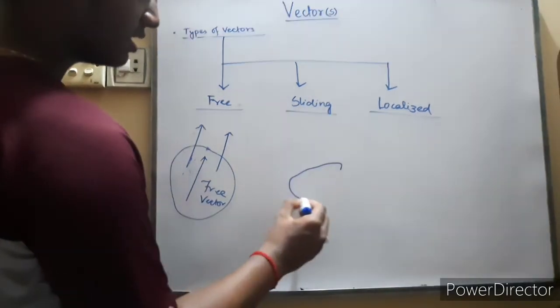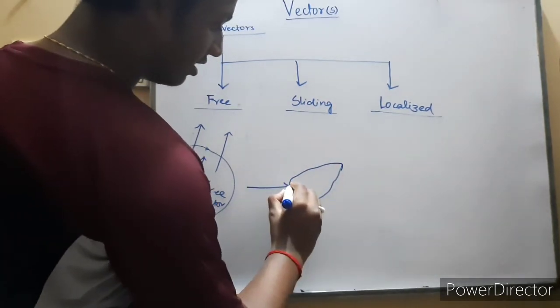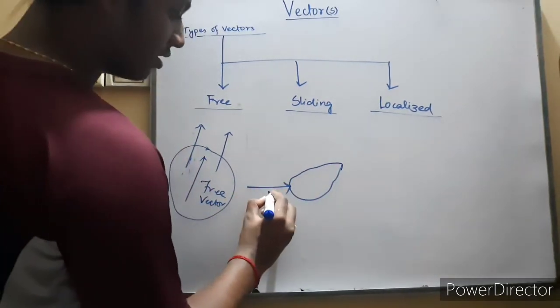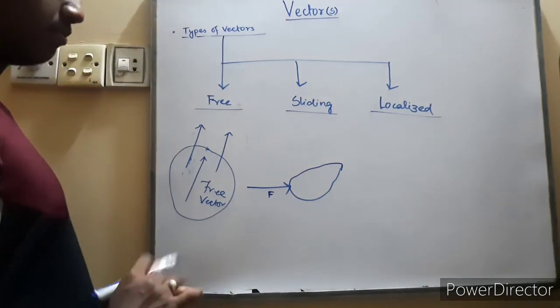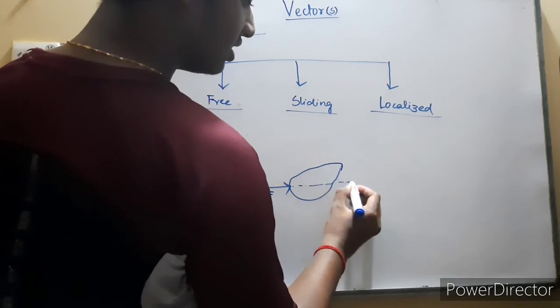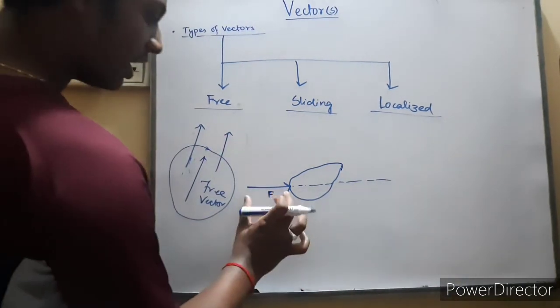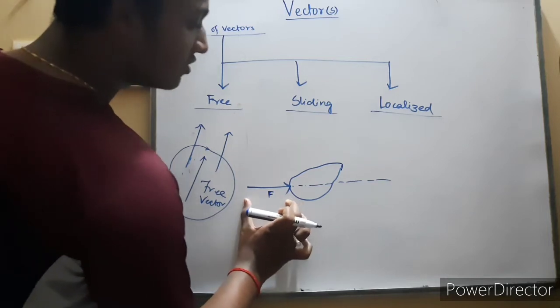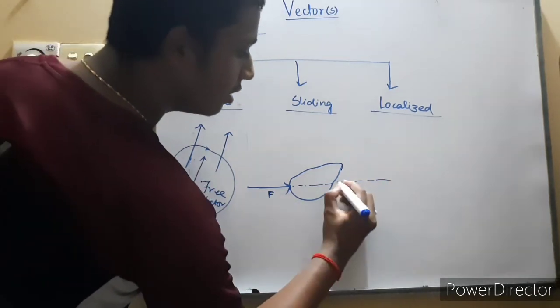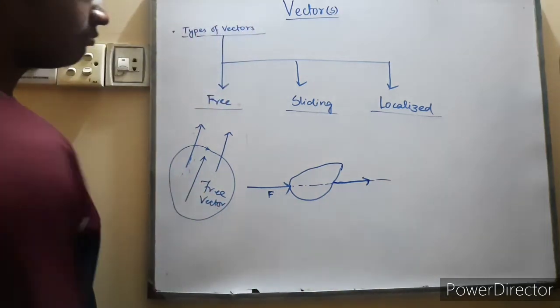Sliding vectors. Suppose this is another body. Now this is a vector. For example, we consider that this is a force vector. So it acts in this direction. Now we can translate this force vector here as well. When it comes here, it remains the same.